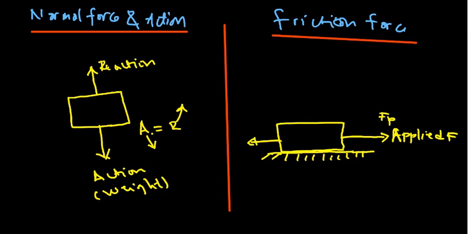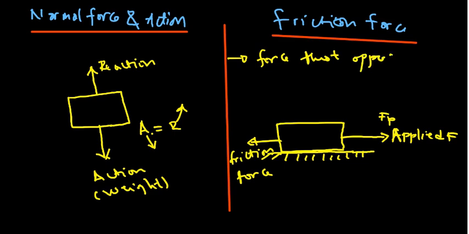Sometimes most books call it FP, but there is also another backward force that is pulling you in the backward direction, and that force that opposes the motion is what we call friction force. So by definition, friction is a force that opposes the motion of an object.